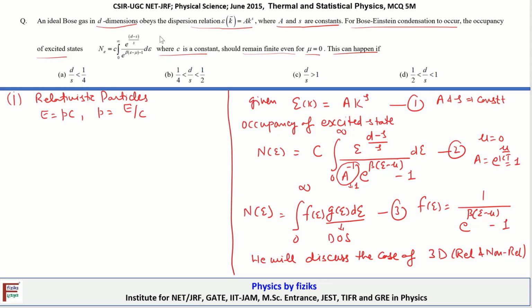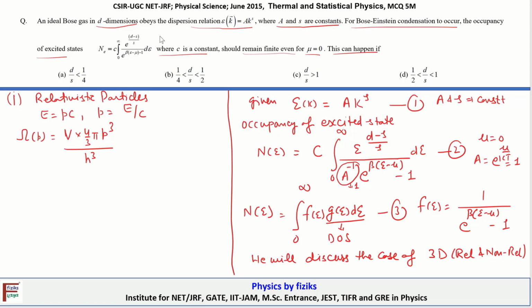Correspondingly the number of microstates with momentum less than or equal to P is equal to the available phase space, that is V multiplied by 4 by 3 pi P cube, divided by the volume of one cell, which is h cube.